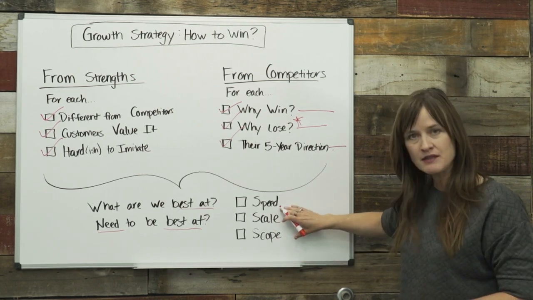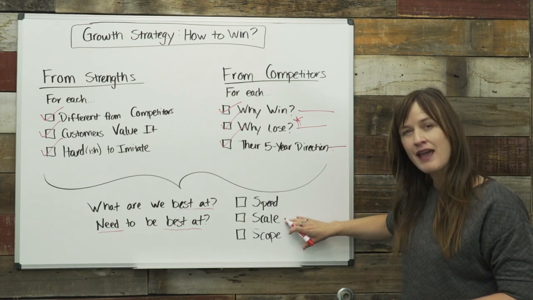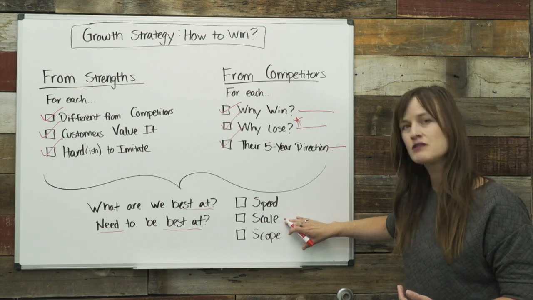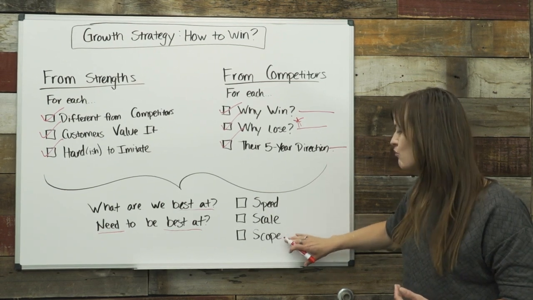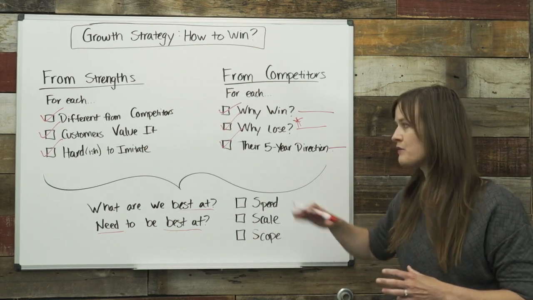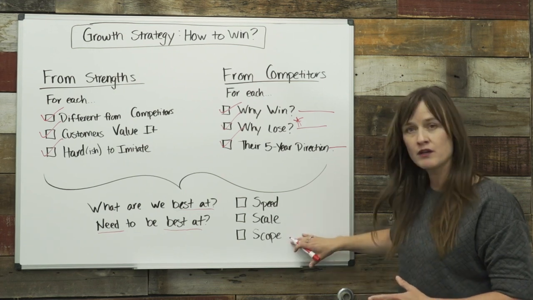One is on speed, so getting to market fastest. One is on scale, which is being the total lowest cost, not the cheapest, just the total lowest cost. And one is on scope, meaning being the best at delivering that unique value proposition to that customer in a very niche manner.